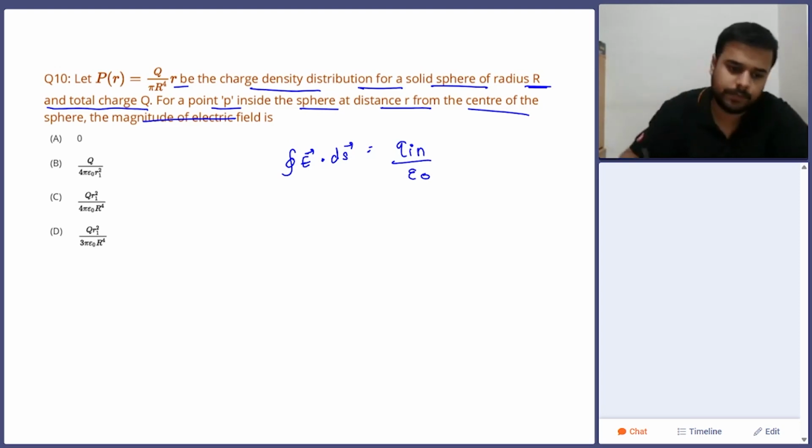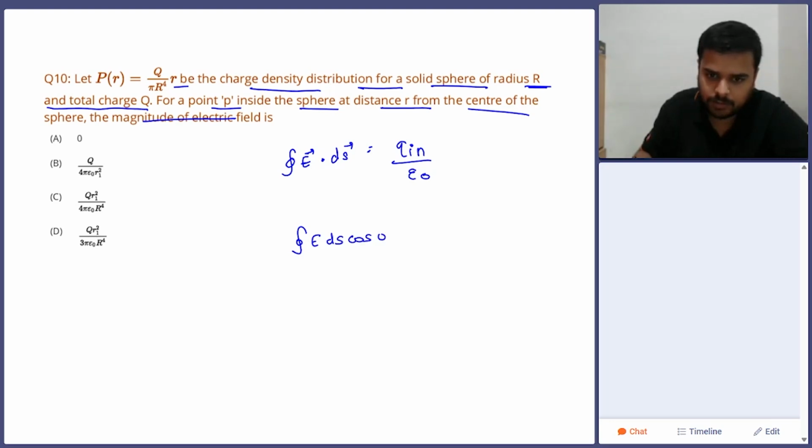So in this case, it will become E dS cos 0 degree is 1 by epsilon naught rho dV, right?